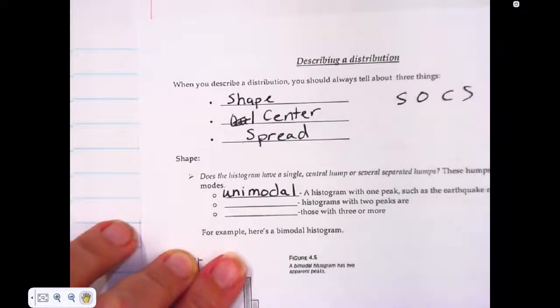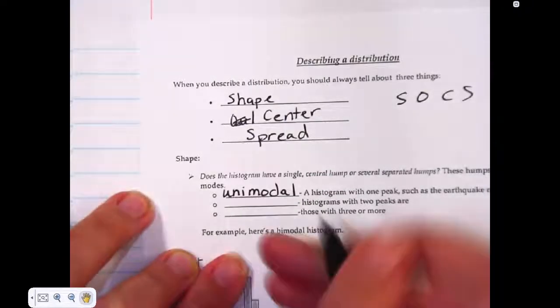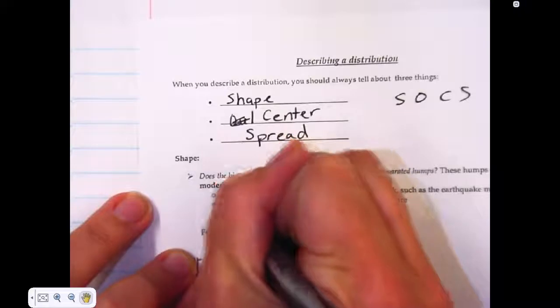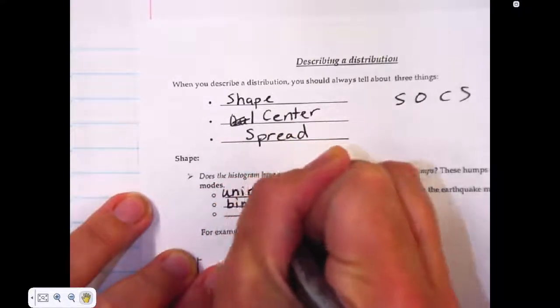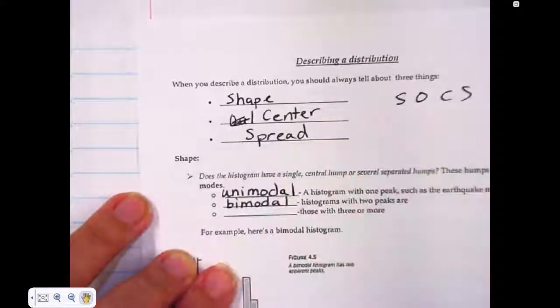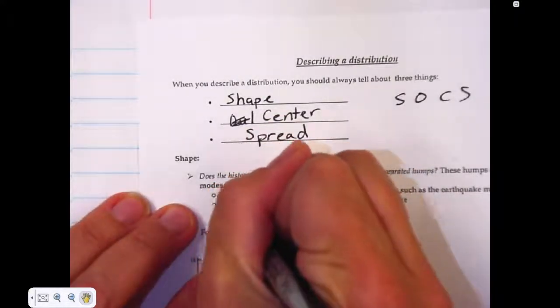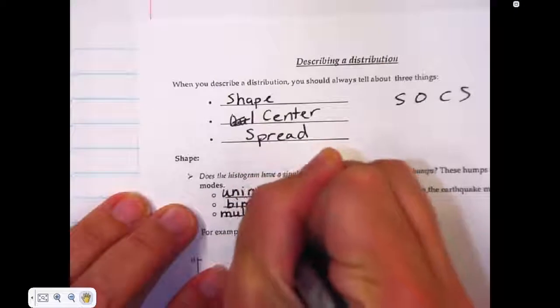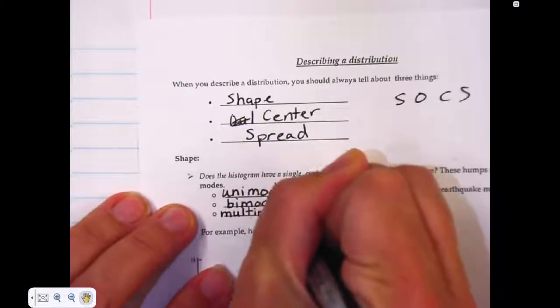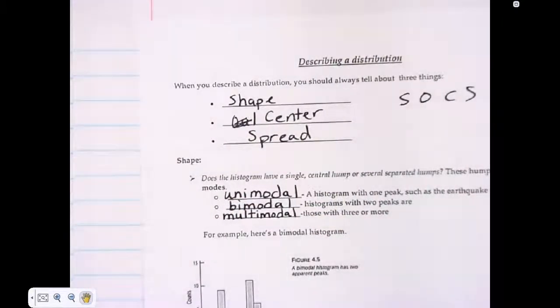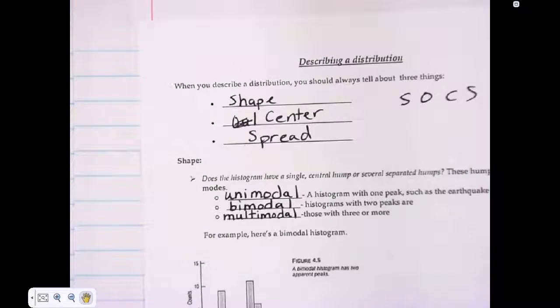So thinking about that, bicycle, two wheels, so that's going to be bimodal. And after bimodal, when there are multiple peaks, that becomes multimodal. Okay, so unimodal has one peak, bimodal has two, multimodal has more than that, so three or more.